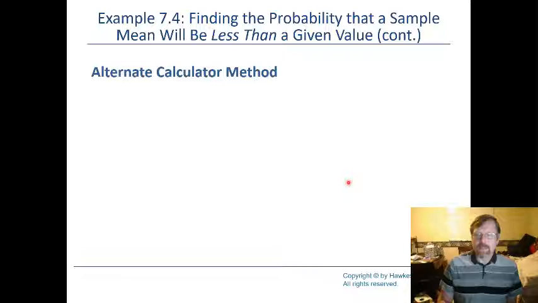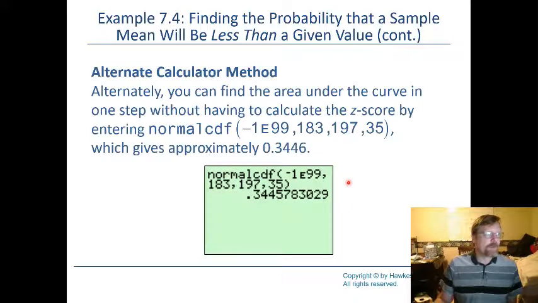You can do this in the TI-83/84 in one step. Tell it you're looking from negative infinity, basically, to 183. There's our function, normal CDF. Give it the mean and the standard deviation, and it will give us our value.